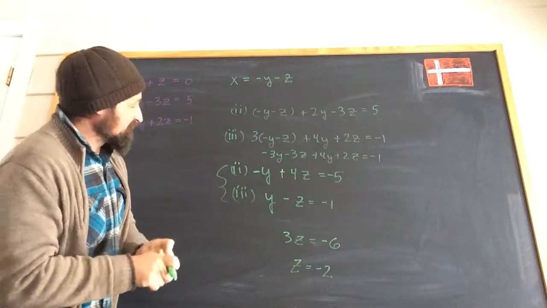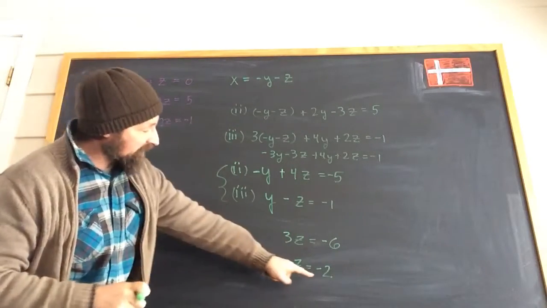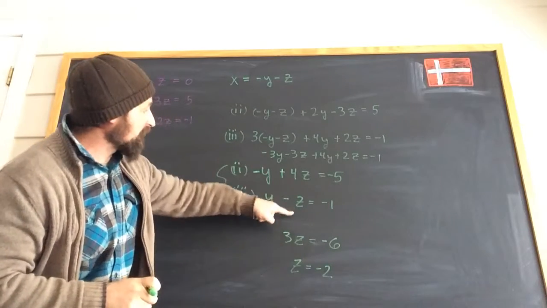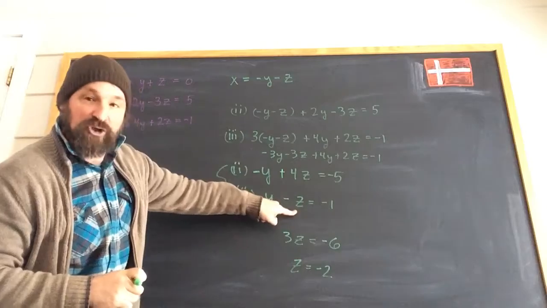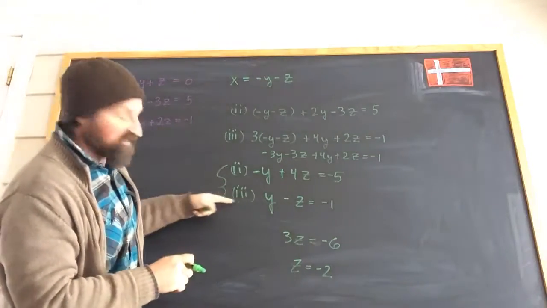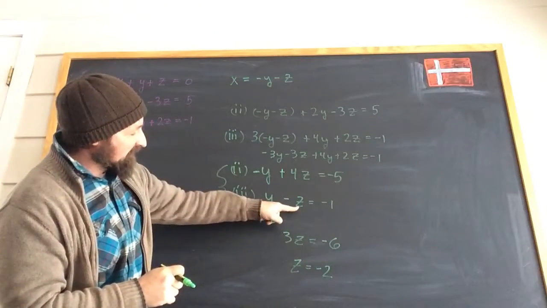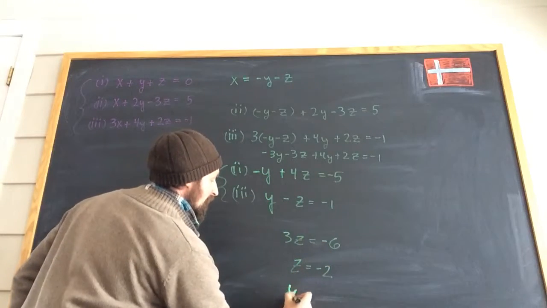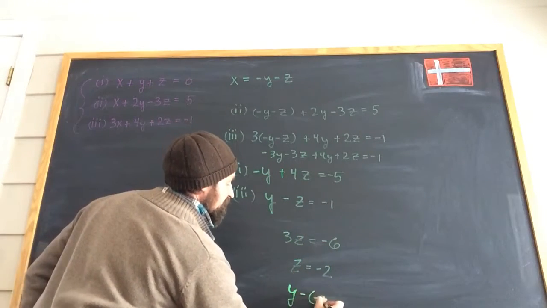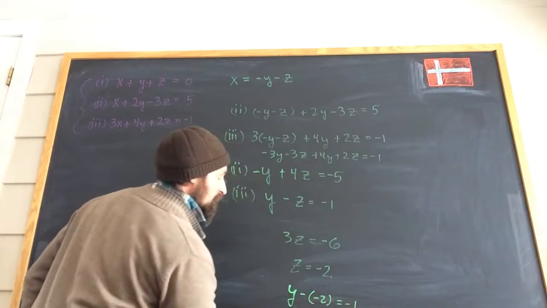Now I've got to find the value of y. To do that, I could take this value for z and plug it into either one of these equations. Let me plug it in right here in equation 3. I'm going to let z be negative 2. So when I do that, I'd have y minus negative 2 equals negative 1.